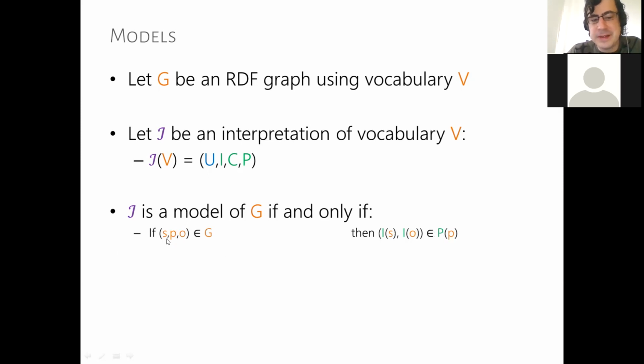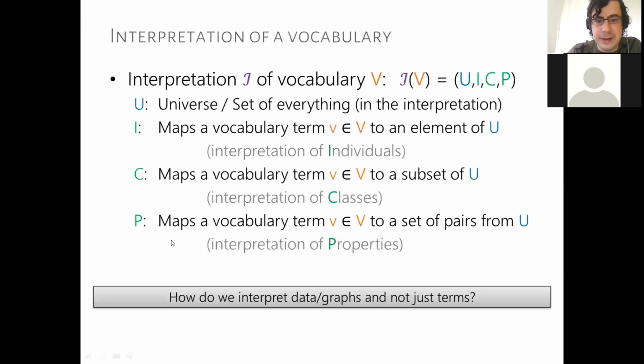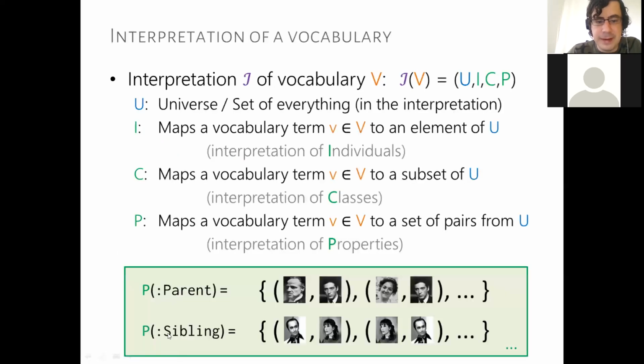So what this means intuitively is that essentially, if we have P sibling, actually these should probably be lowercase, which is the convention for properties. But if we have P sibling here, and if we assume that this is Fredo and this is Connie here, then this essentially fits a triple that says Fredo sibling Connie.